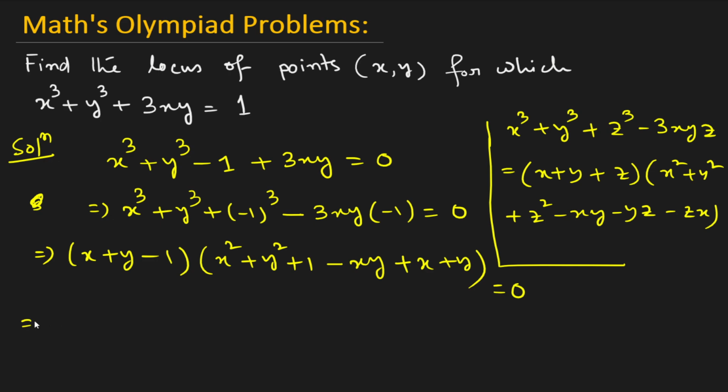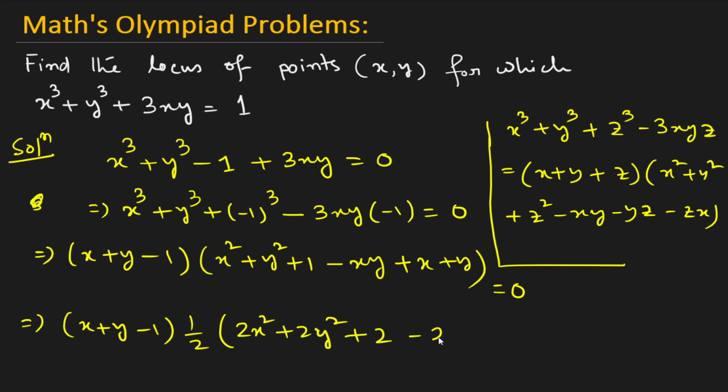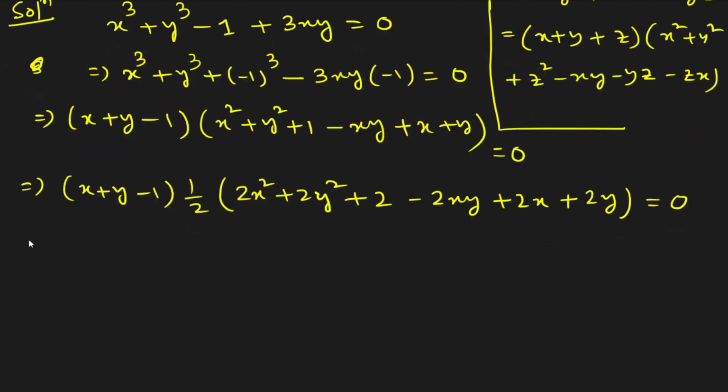Okay, after that x plus y minus 1, let us multiply the second factor by 2, so that it will become 2x square plus 2y square plus 2 minus 2xy plus twice x plus twice y is equal to how much? 0. This implies, we can cancel the half, because on the right hand side we have 0.